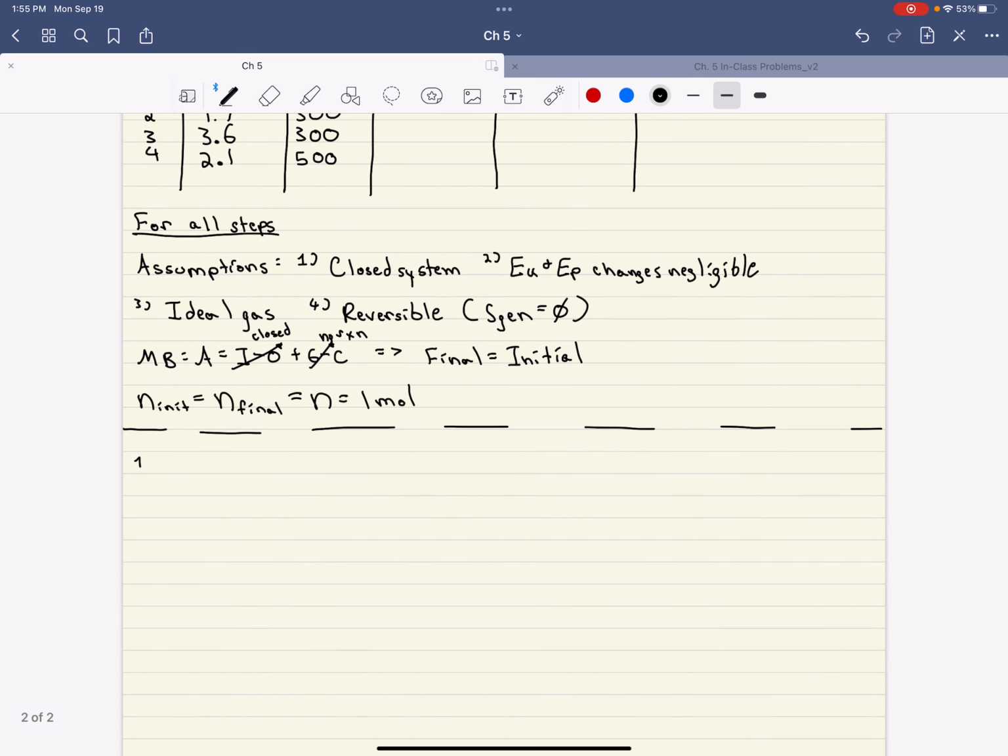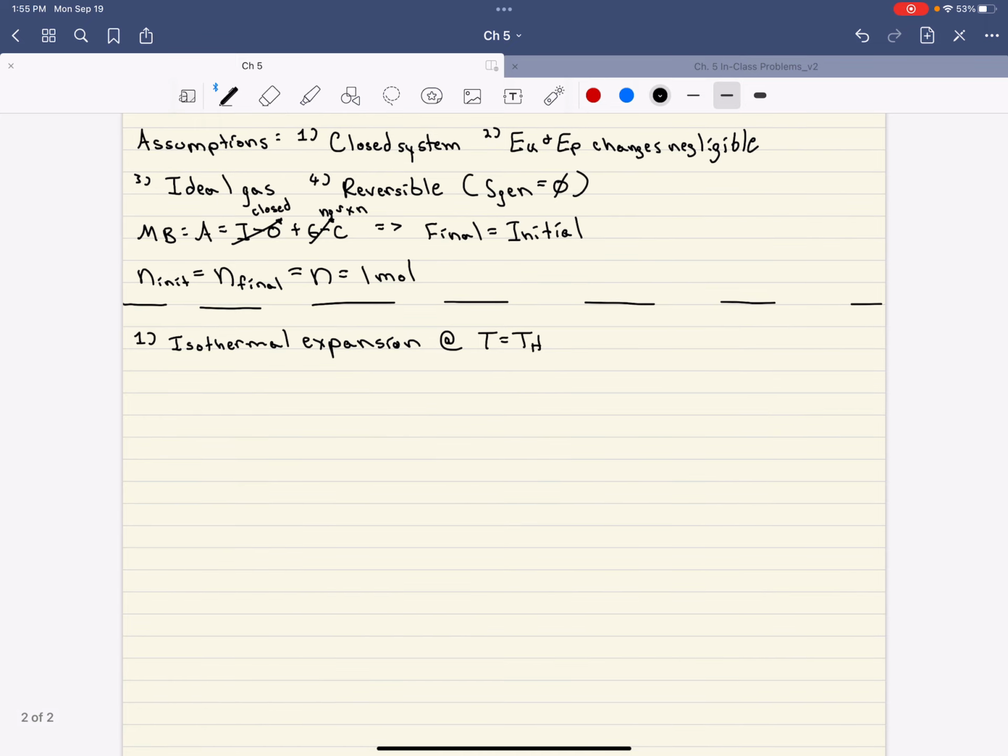So step number 1 is the isothermal expansion at a temperature of T_H. So that's the temperature of the hot reservoir. All right, we're dealing with a closed system, and really we just care about the initial and final states of the first step. So that means we're going to use the difference form of our closed system energy balance.